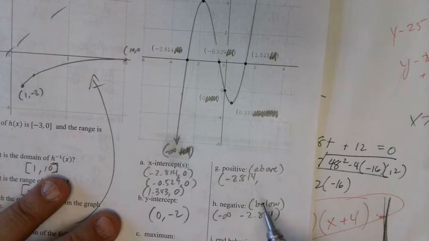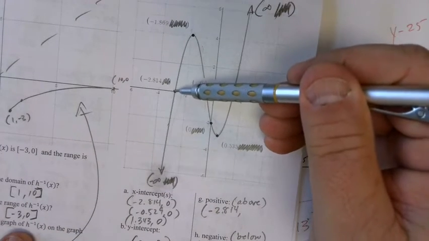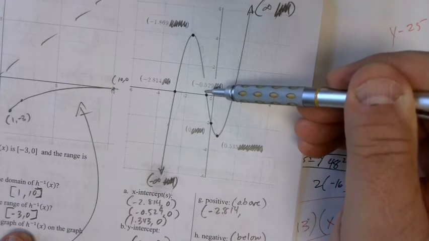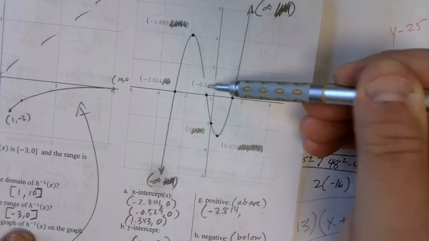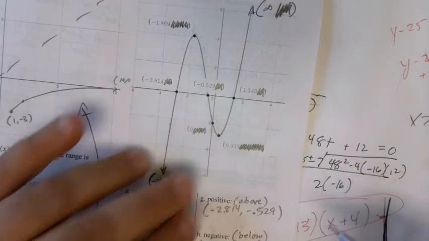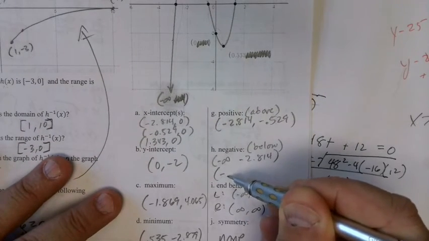So it starts here. Where does it stop being positive, or stop being above? It's still above, above, above. Stop right there. Where am I? Negative 0.529. But now it starts being negative again.